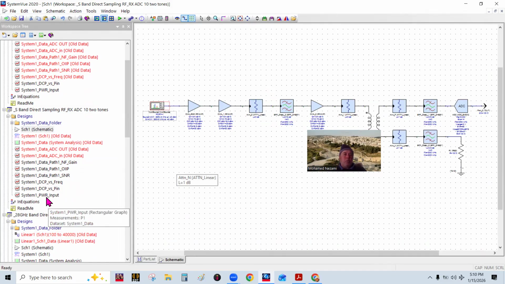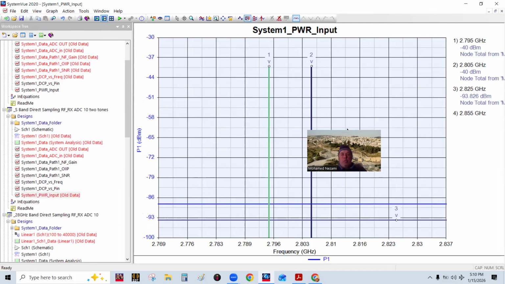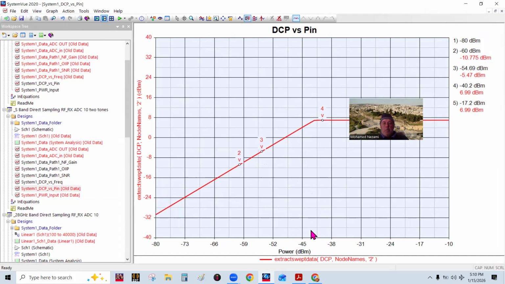So, of course, if we look at this, I'm going to put in two tones, as you can see here, minus 40 dBm each, spaced 10 megahertz apart. The reason I put minus 40 is because I want to be right here somewhere when the nonlinearity is starting to happen.